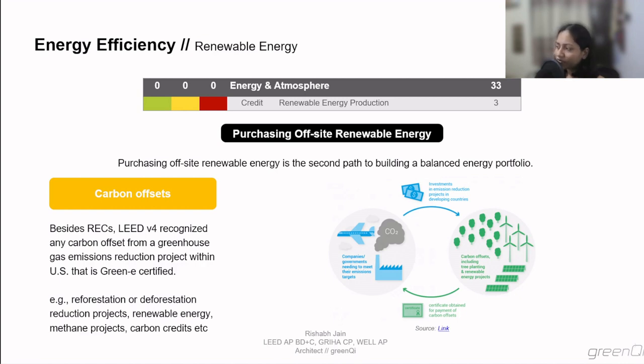For example, if somebody is offsetting their carbon through planting more trees, then it is possible to convert that into a certificate in terms of carbon credits, and that can be bought by the project owner who wants to offset their energy through these carbon credits or carbon offsets.